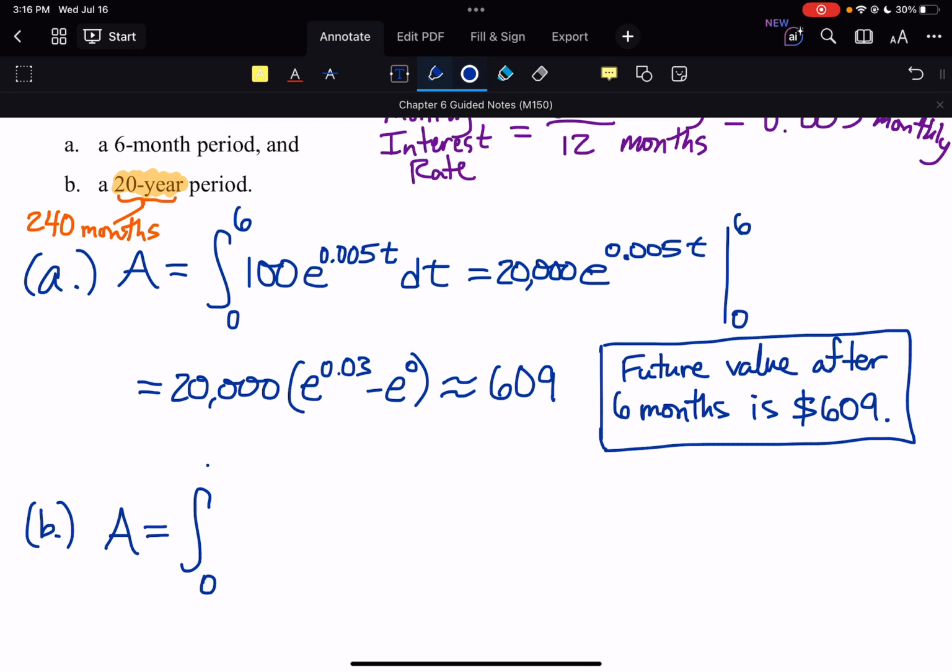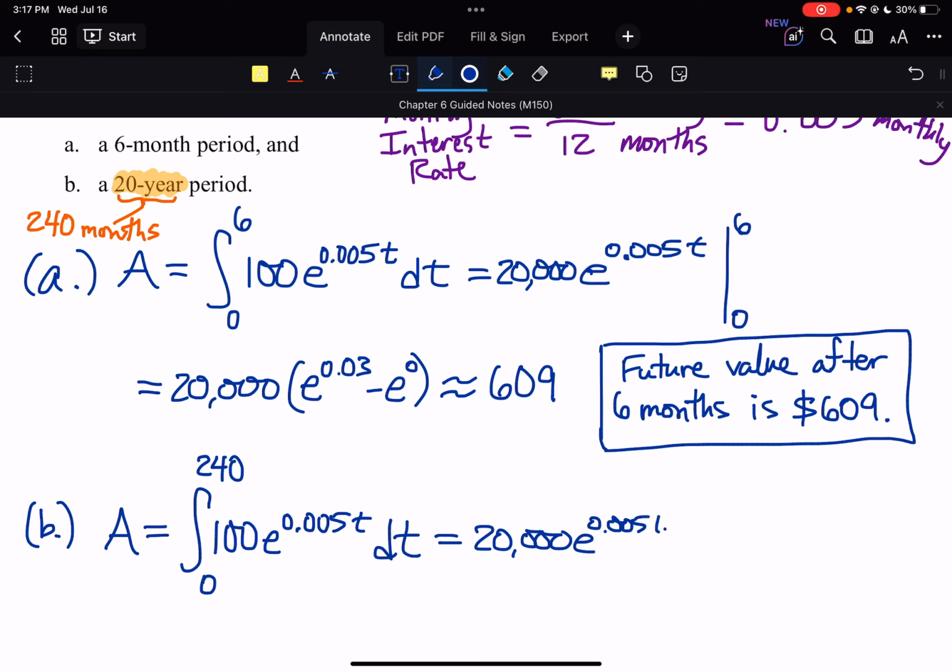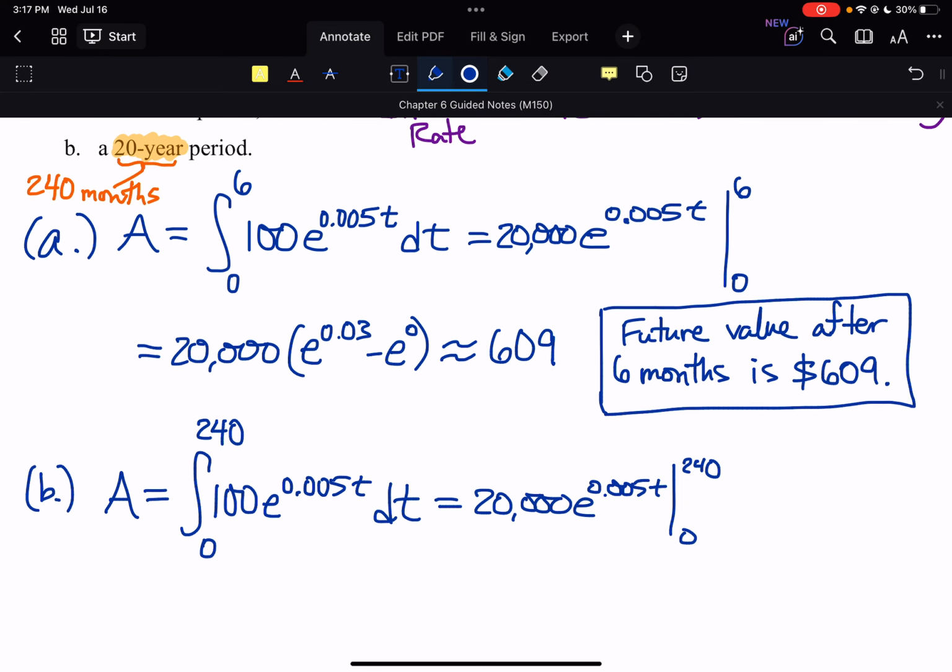So we're going to get the integral from 0 to 240 of the exact same formula. So the antiderivative is the same. The only thing that's different is the evaluation.